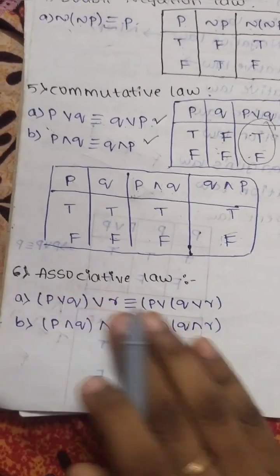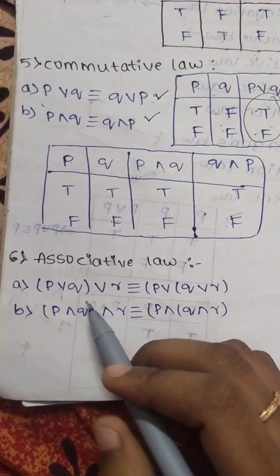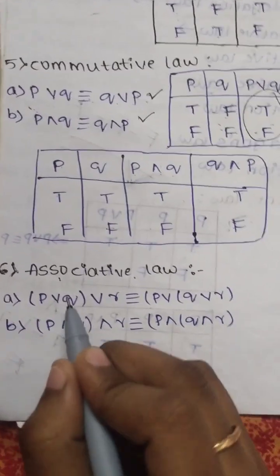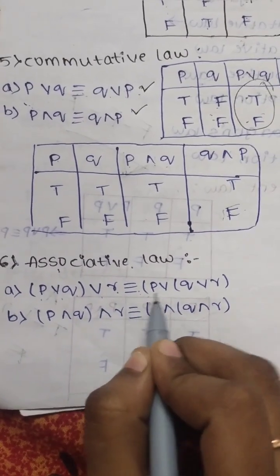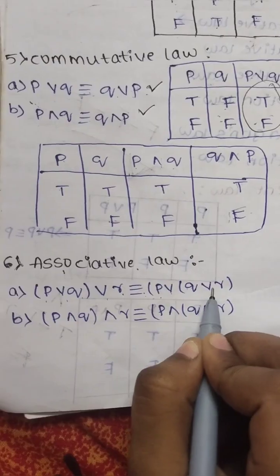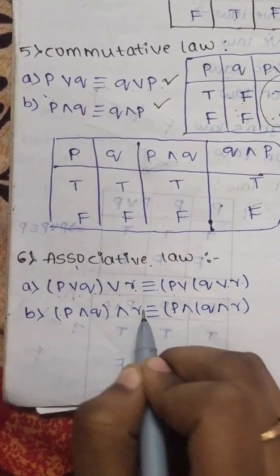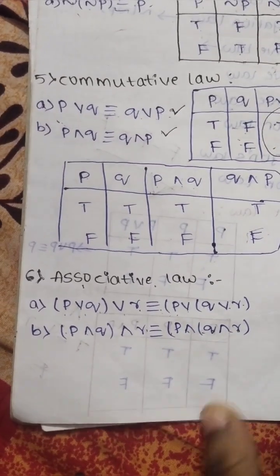Okay. Next, associative law. Associative law is again two properties. The first one, P or Q or R is equivalent to P or Q or R grouped differently. Second one, P and Q and R is equivalent to P and Q and R grouped differently. Okay, we have to solve this also.